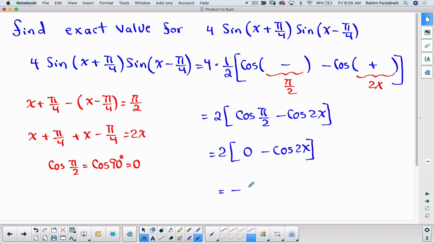So our final answer is negative 2 times cosine of 2x.